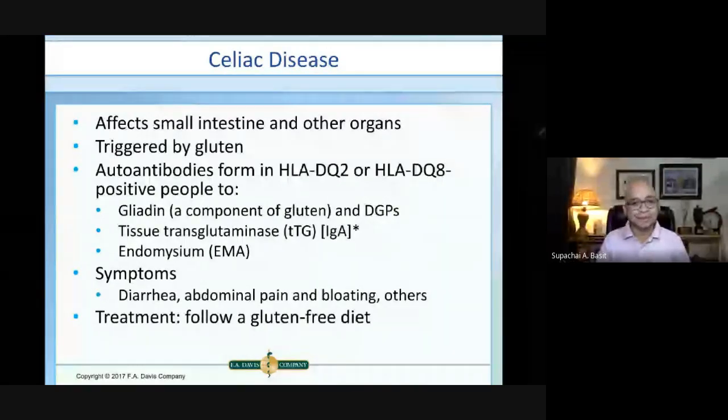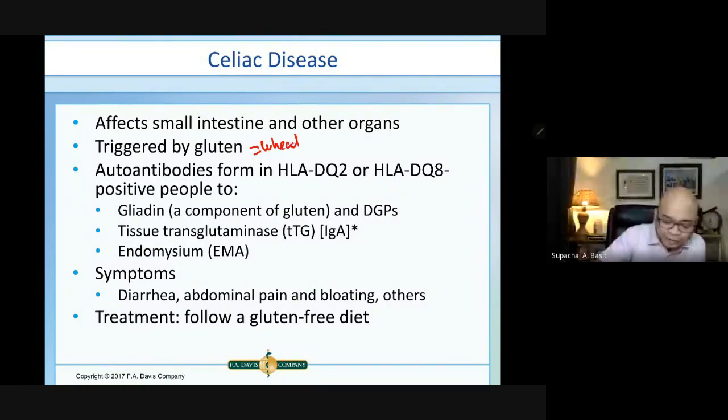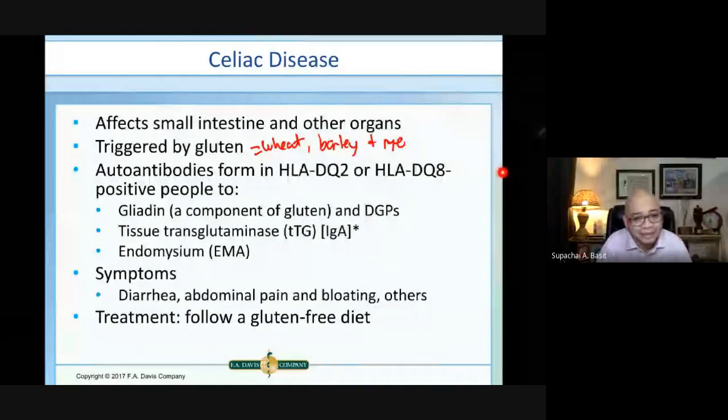Gluten is actually a complex. Usually, if you eat food that is made up of wheat, barley, and rye, you'll have gluten.